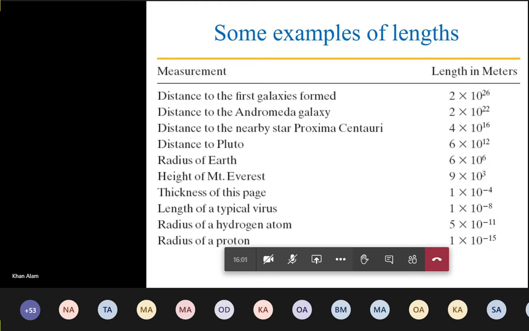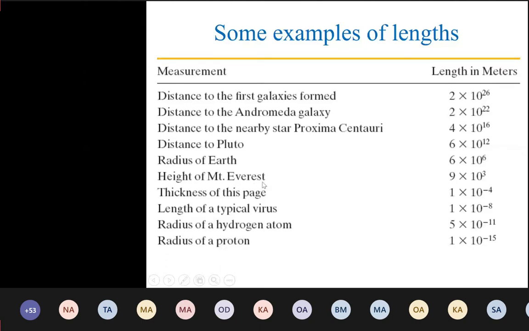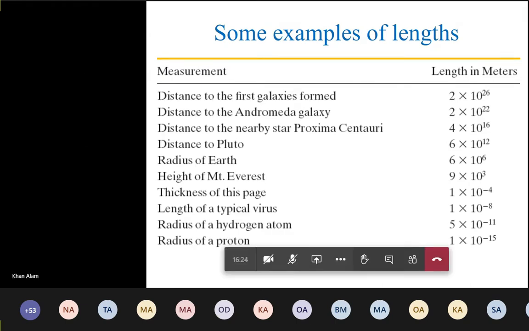But approximately, the height of the peak Mount Everest, the tallest peak in the world, is 9 kilometers. Again, these numbers are approximations.